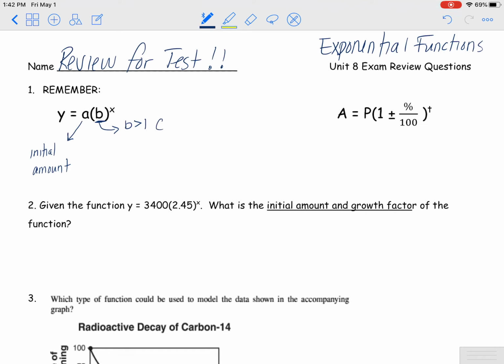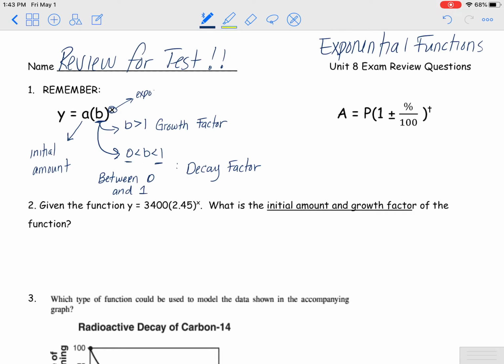Now, if that number is bigger than 1, that was what was considered our growth factor. Now, if that number that was inside the parentheses was between 0 and 1, so I guess I'll write it out in words, between 0 and 1, then we know that it was our decay factor.